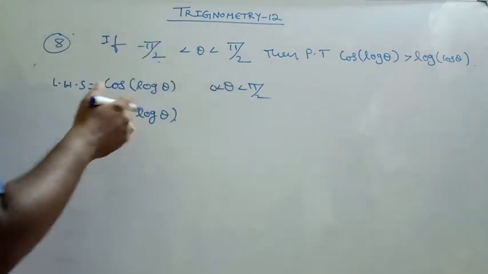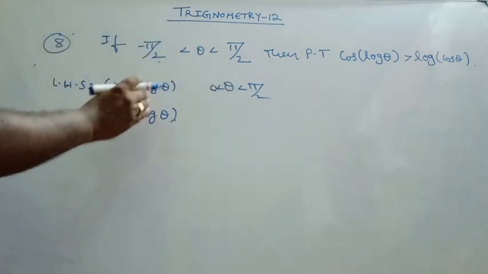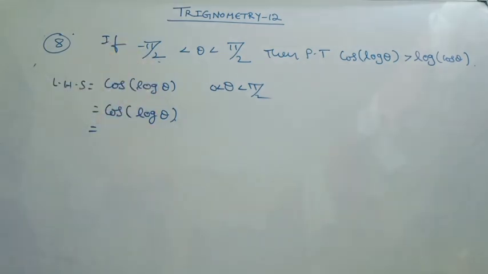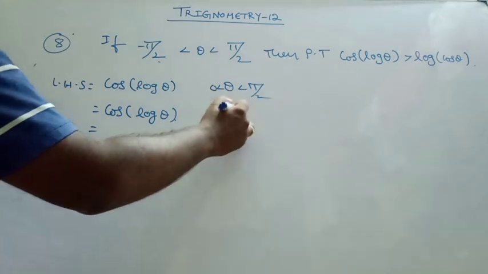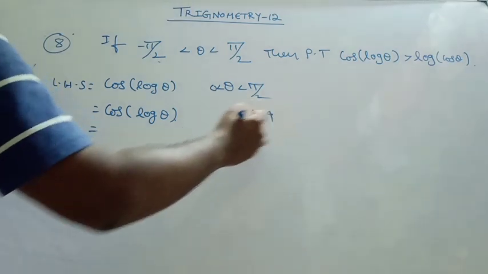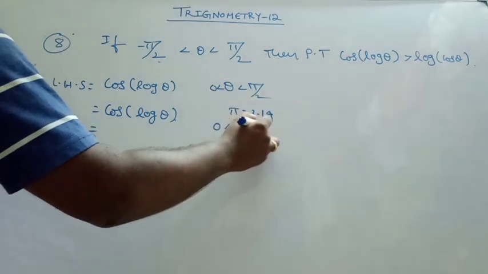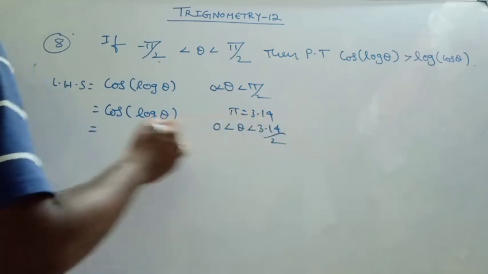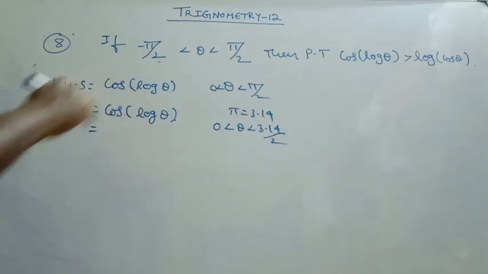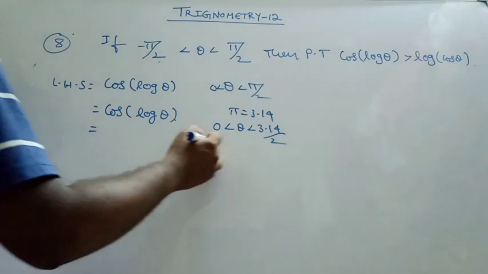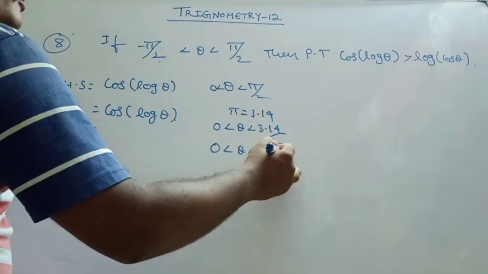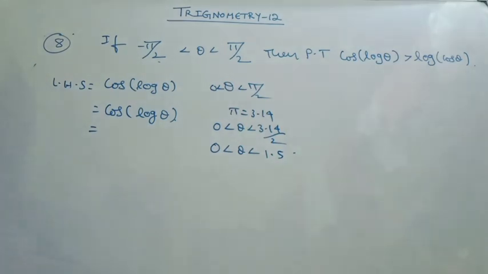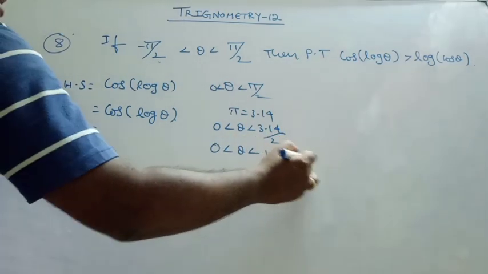Since pi is 3.14, from 0 to 3.14 by 2, the logarithm will have some values, something like 0 less than theta less than 1.5 or so.